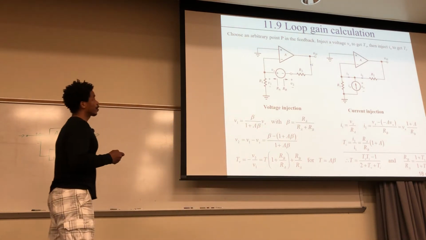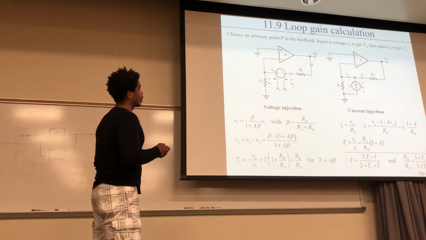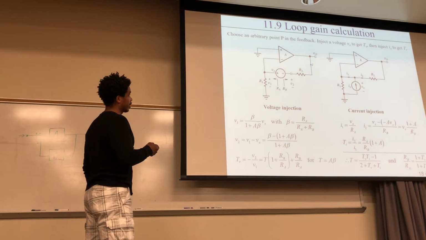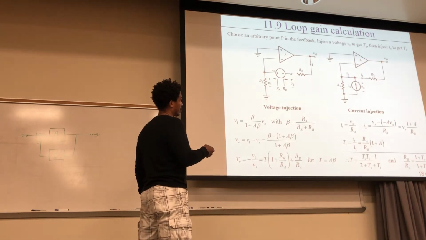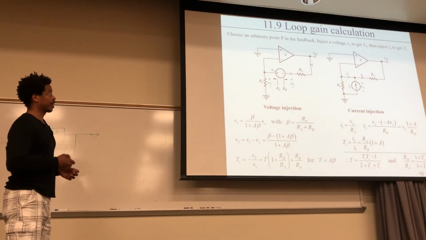First you inject a voltage Vx to get your loop gain for voltage injection, and then you inject a current to get your loop gain for current injection. So here's the voltage that you're injecting. You did that experimentally, some kind of way. And then for your current, you put your probe there, or some kind of current source. You put in current right there. Okay. And then you measure those two things.